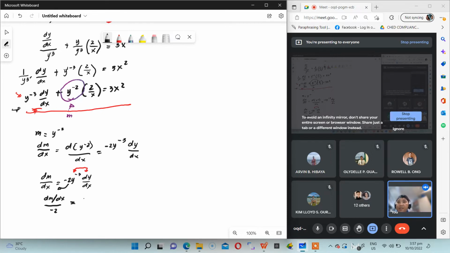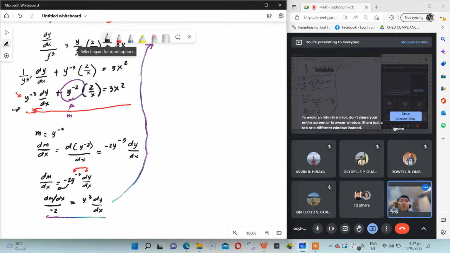So, equals y cubed dy over dx. So, karon, yaman ini. Okay. So, kini, we just simply substitute, oh, negative 3, kalimata. That is negative 3. So, simply replace this one with dm over dx over 2.